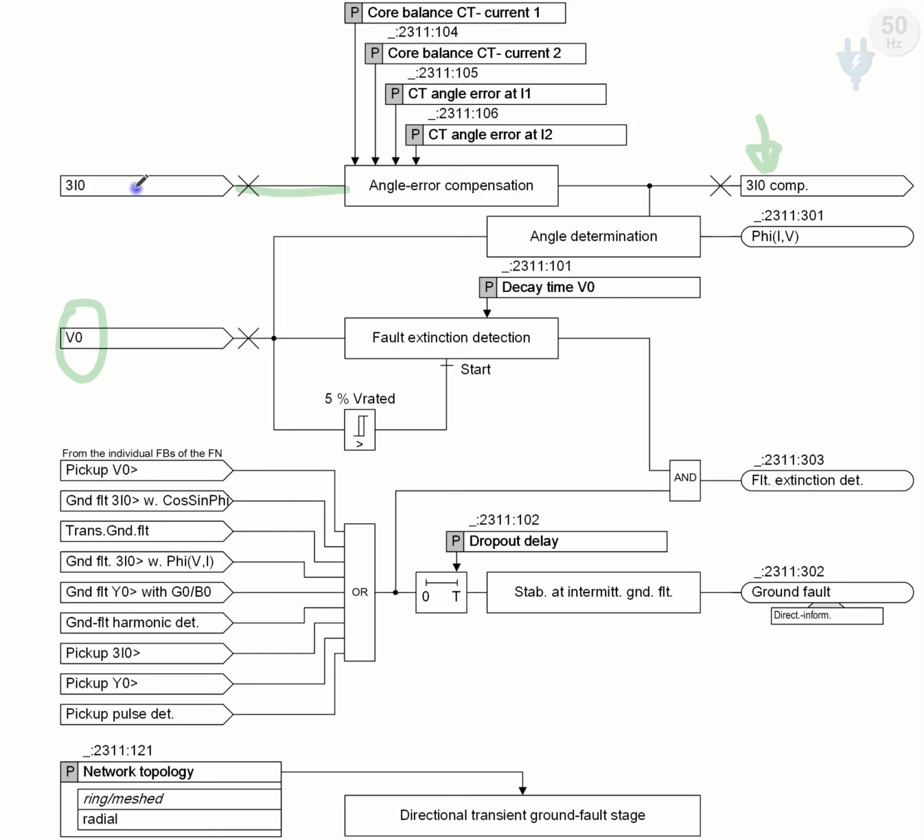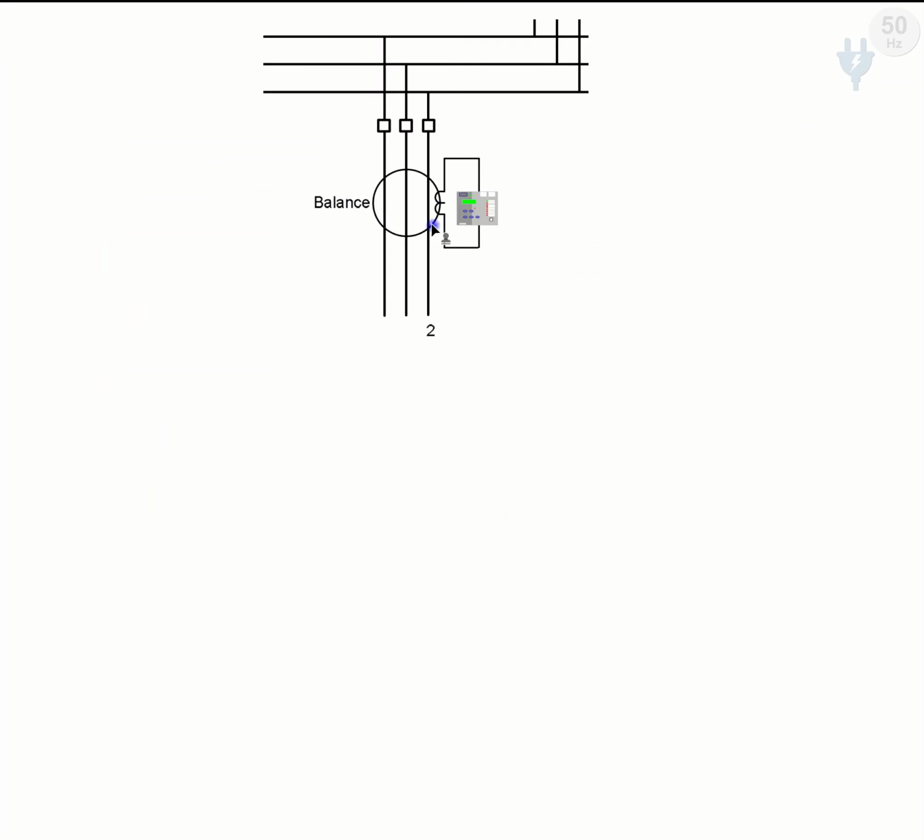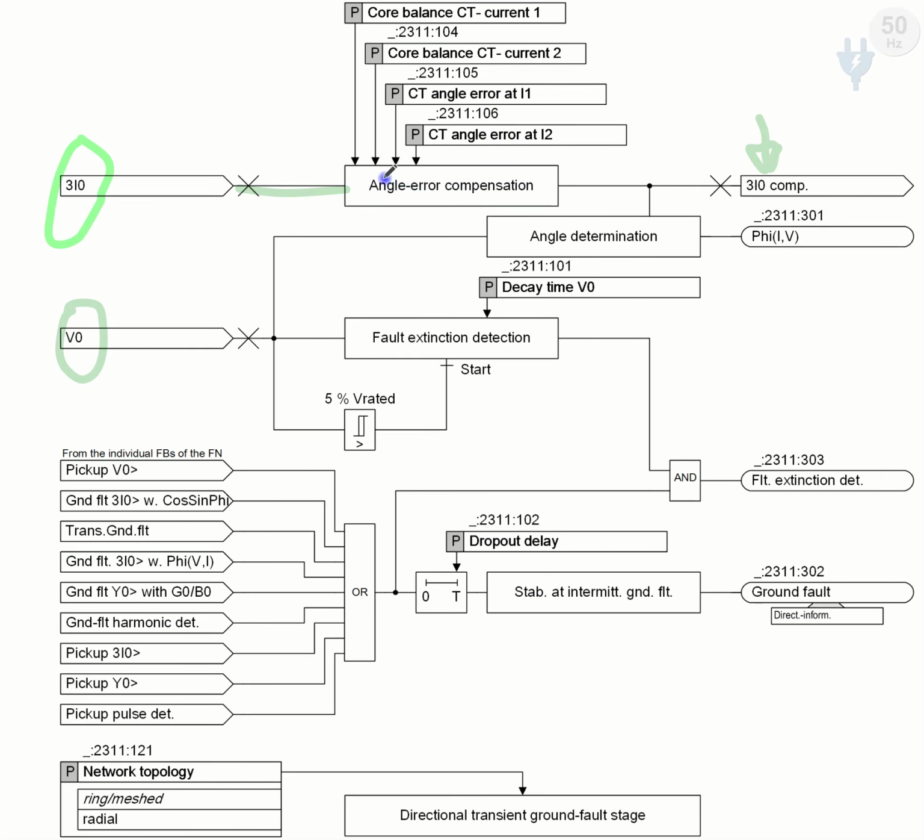In the previous session, we discussed that we have zero sequence current from the NCT or core balance current transformer. We connect it to the relay, and before using that value in the functions, the relay does some compensation that is called angle error compensation.